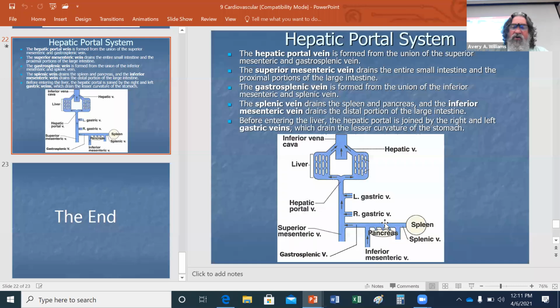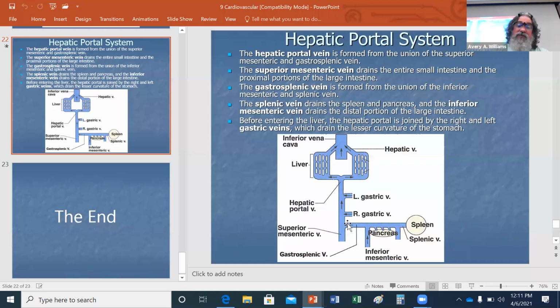And the superior mesenteric artery was supplying blood mostly to the small intestine, but then is drained by the superior mesenteric vein, basically doing the reverse. And then the inferior mesenteric artery supplies blood to mostly the large intestine. And then it's drained by the inferior mesenteric vein, which is on its way to the hepatic portal, but it gets there by merging with the splenic vein first.